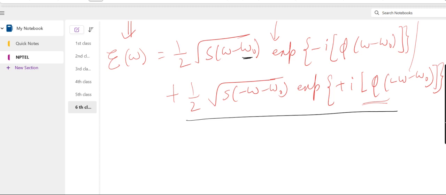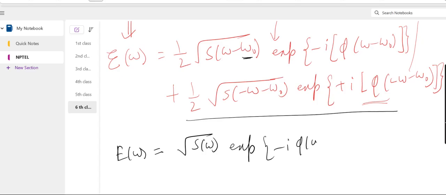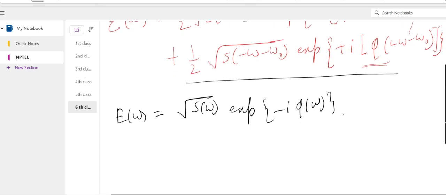So we write E of omega, which is the root of this thing, exponential minus i phi of omega. So this is the complex frequency domain pulse field.